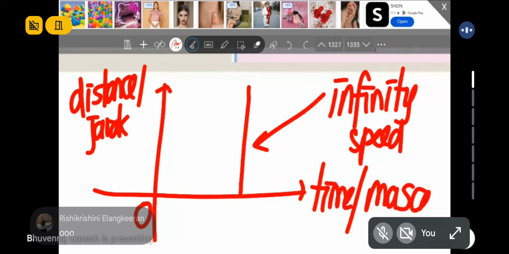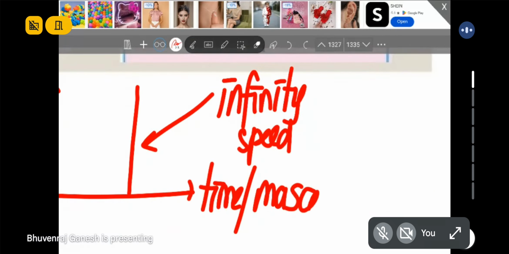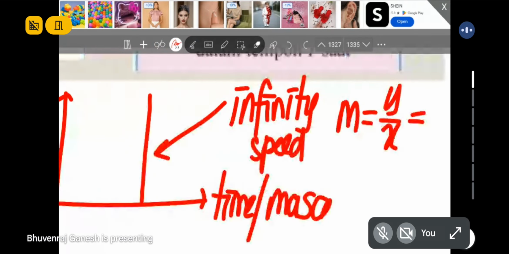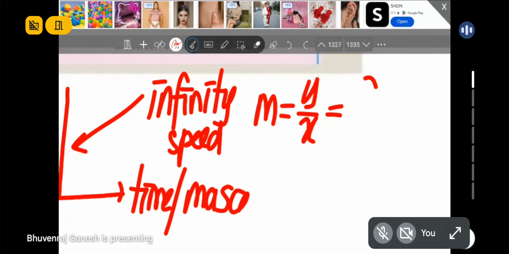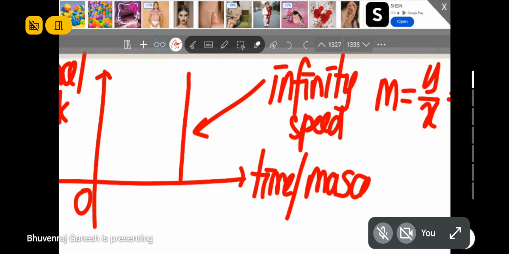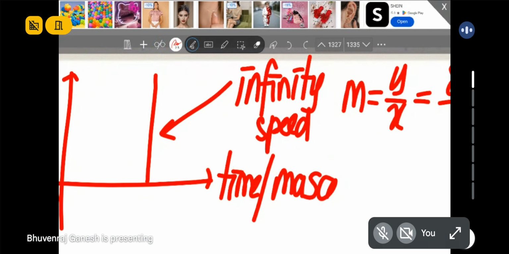Infinity speed. Because when you have a vertical line, what is your gradient, guys? Kecerunan untuk garis menegak berapa? Gradient is y over x. Nilai y berapa? Okay, katakanlah nilai y kat sini 8. Example. Let's say it's 8. Nilai x, what is your x value? X value over here actually is 0, because it's all the same value. Am I right? Semua nilai x kat sini contoh 3.